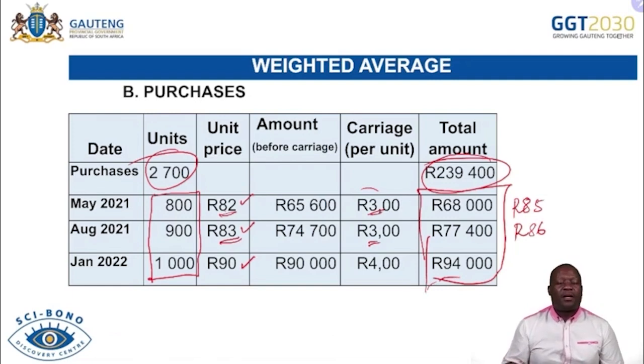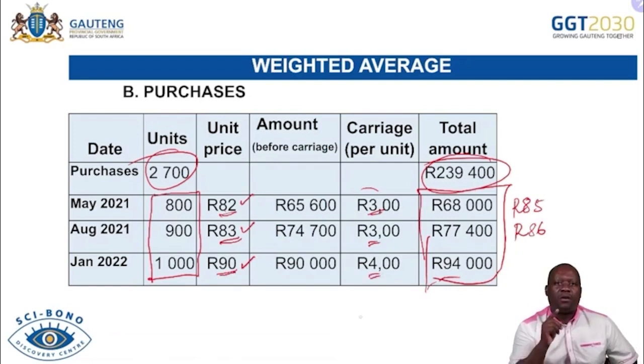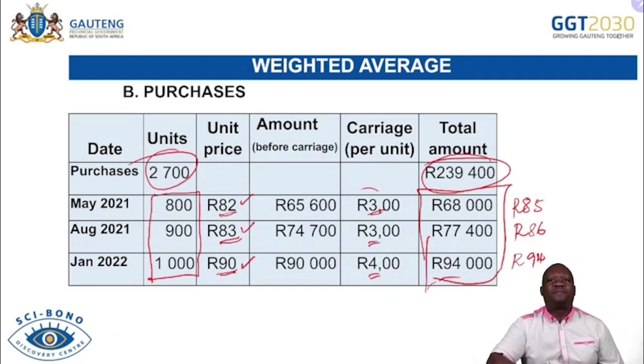Total, it's 86 rand. When it comes to January, we bought every unit for 90 rand and we carried it for 4 rand. So we are ultimately paying 94 rands per unit.